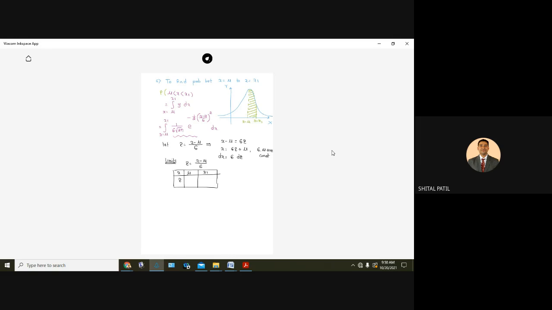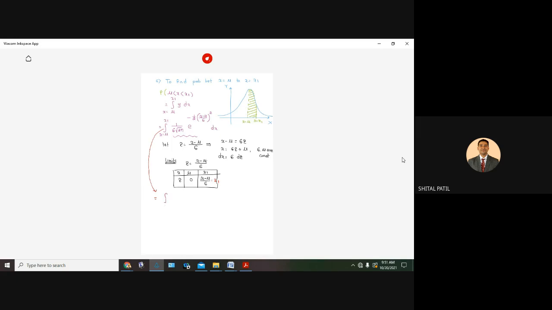Substitute x equal to mu: mu minus mu is 0, so the lower limit is 0. The upper limit is x1 minus mu divided by sigma. Hope you are getting it. Let me consider it as z1.